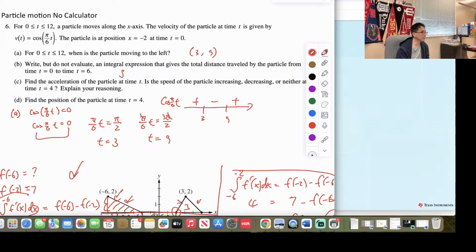If I start here and haven't moved yet, it doesn't matter that I started at a negative position. Since I haven't moved, it's still 0. When I move, you don't include the initial value. Initial value has nothing to do with it.